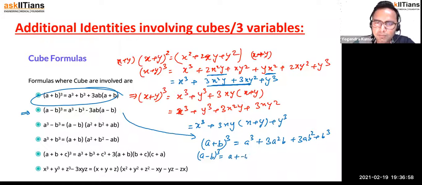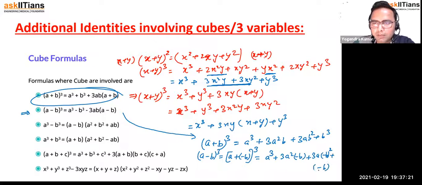Just write a plus (minus b), cubed. So what can we write now? A cube. You apply it in the above one only. Here 3a square times minus b, but b is now minus b, so you need to be careful. Now 3a times (minus b) square plus (minus b) cube.